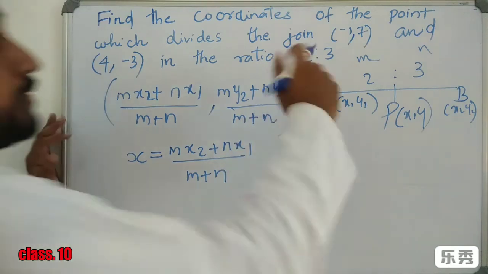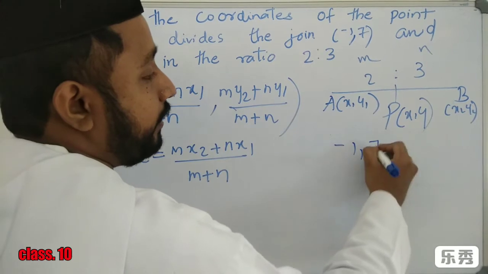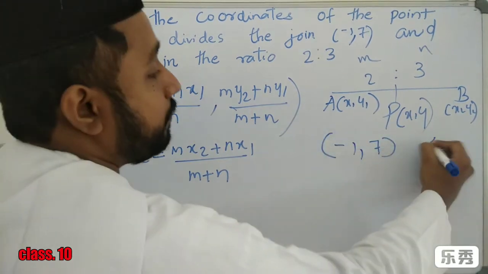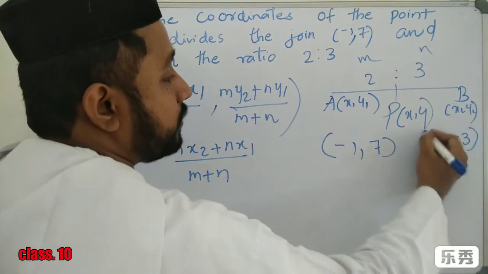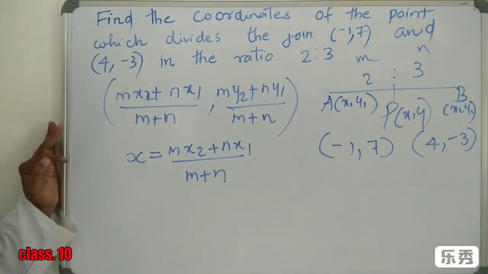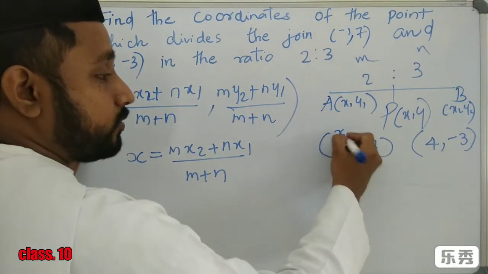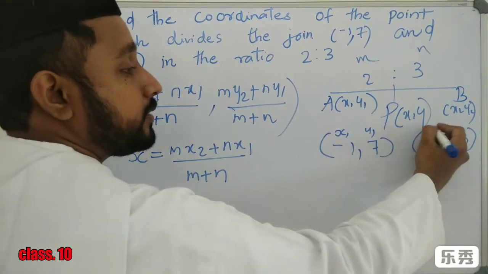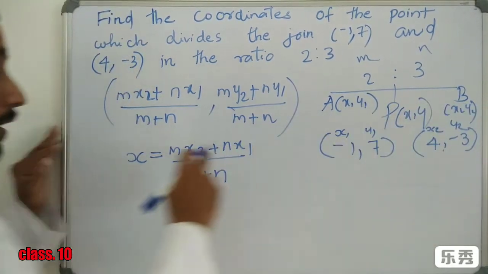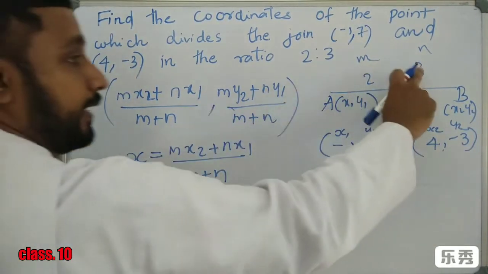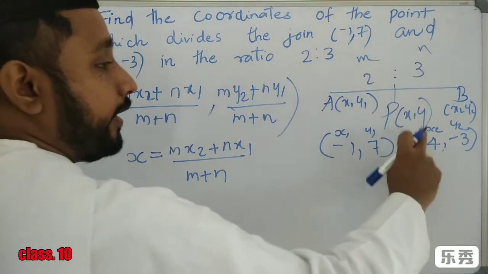And our points are (-1, 7) and (4, -3). We take this as (x1, y1) and this as (x2, y2). So we have m, n, x1, y1, x2, y2.